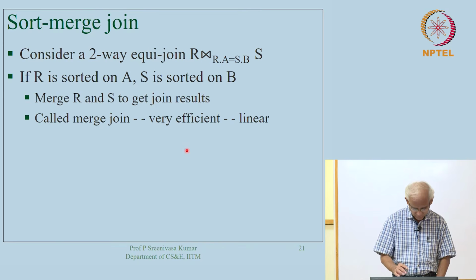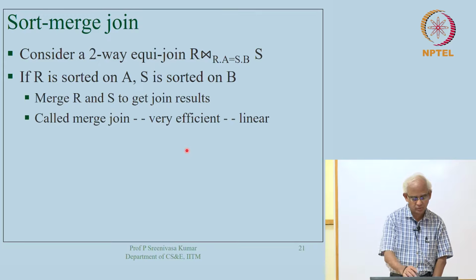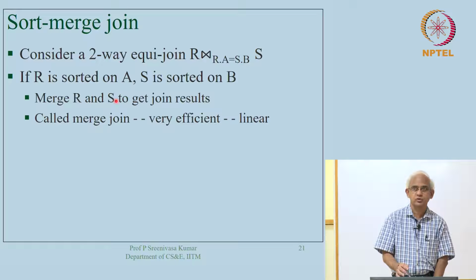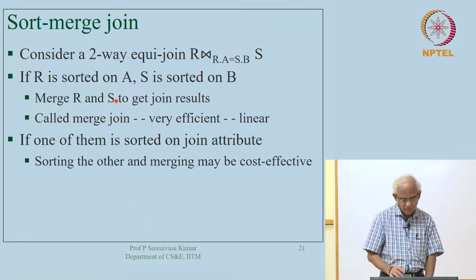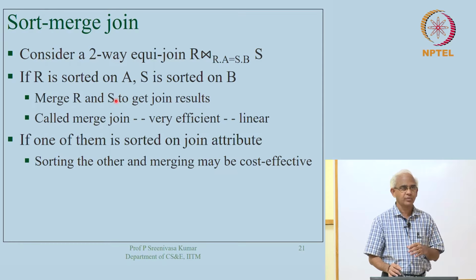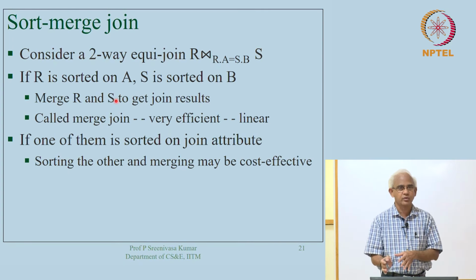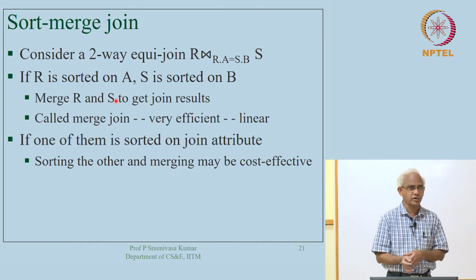So, merge join can also be made use of for producing join results. Now, in a situation where one of the data files is sorted and the other one is not, maybe sorting the other file temporarily on this join attribute and then using a merge might actually be a better way of producing the join output.